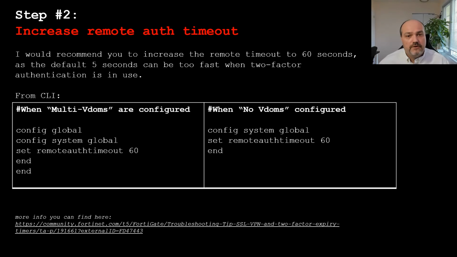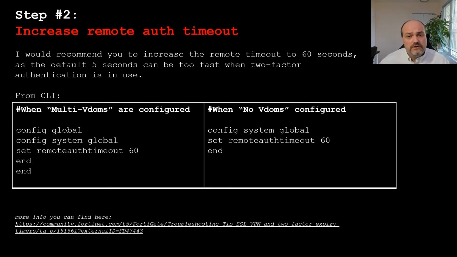Here is a recap of step number 2. Increase remote authentication timeout. I would strongly recommend you to increase remote authentication timeout to 60 seconds, as default one, 5 seconds, can be too short when two-factor authentication is in use. For example, to enter username and password can take 5 to 10 seconds.